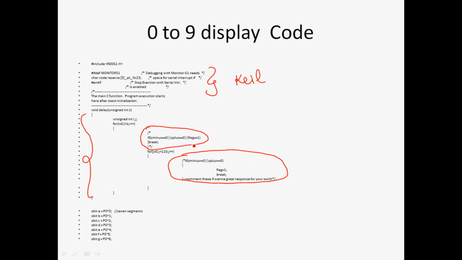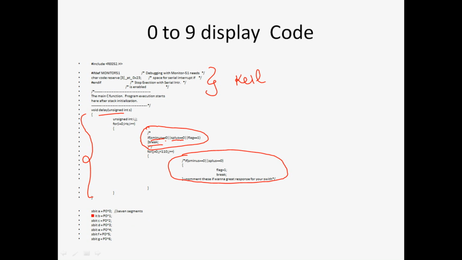Whenever in any project you are using a switch that has a function and you need a fast response for that switch, you can add the switch name, the number of the switch, with the help of OR equal to 0. So whenever your switch is pressed, it will break from your delay function and come out to the main function for processing of your switch.